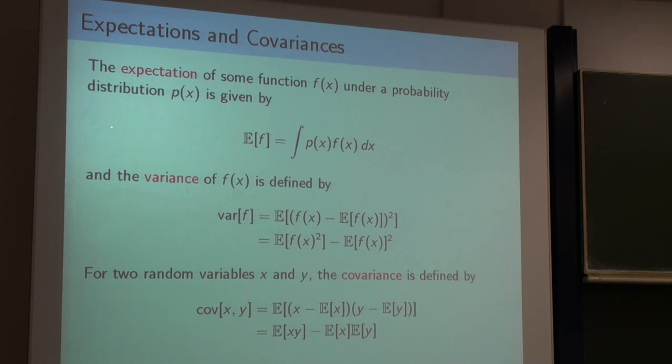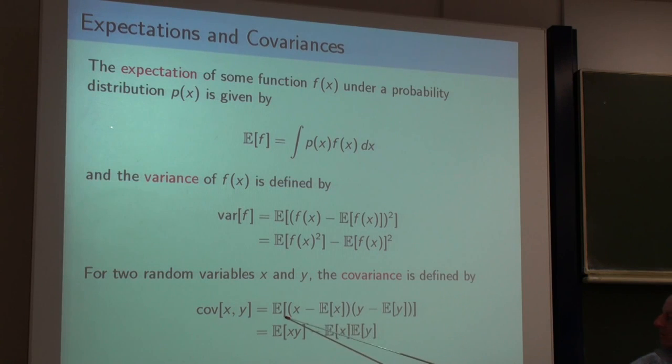That's easy to show. And the covariance of two variables x and y is defined as, maybe we should compare the variance and the covariance again, because they are quite similar.